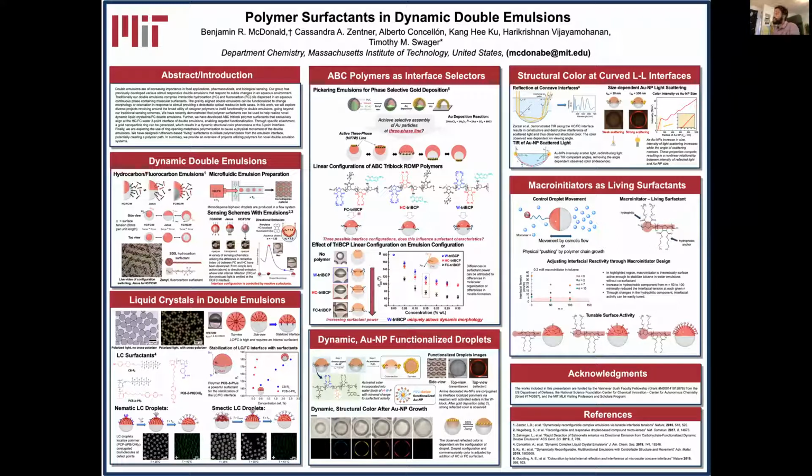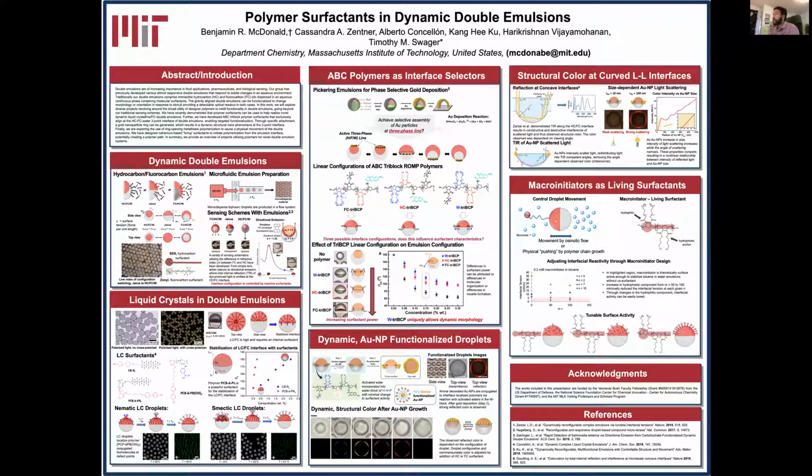One of the other things we've been particularly interested in is using polymers as phase selectors. This is a case where they can do things that small molecule surfactants certainly cannot, because we can take small molecules that might have a preference for the water phase or the fluid phase, in this case a hydrocarbon phase, and string them together.